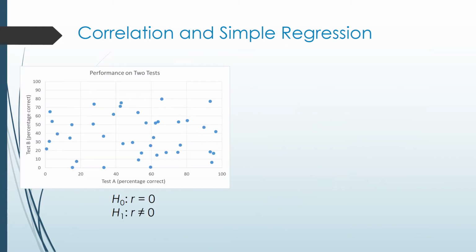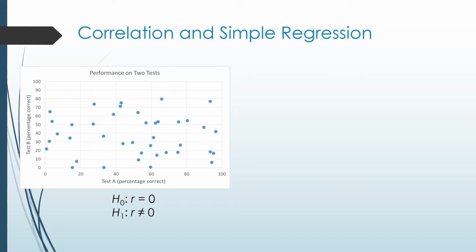So the two examples that we saw on the previous slide were both cases where we would be likely to reject the null hypothesis, but I thought it would be interesting to take a look at what the data set looks like if you cannot justify rejecting the null hypothesis.